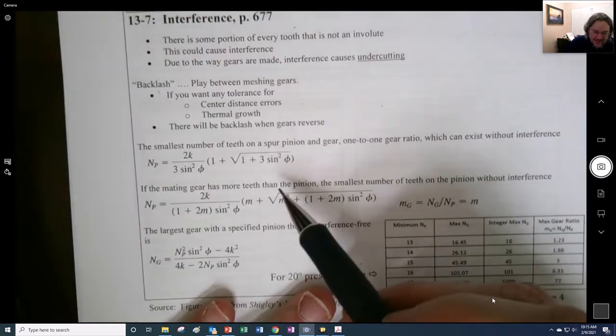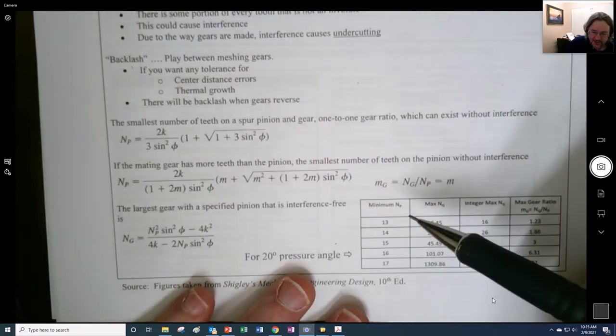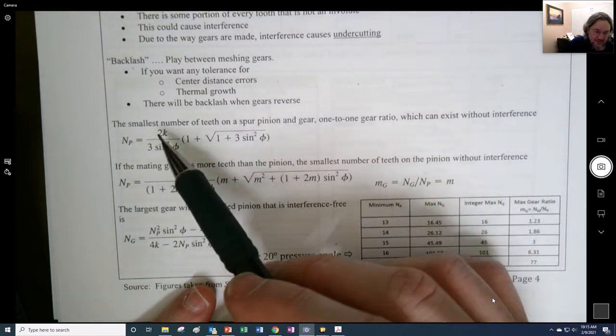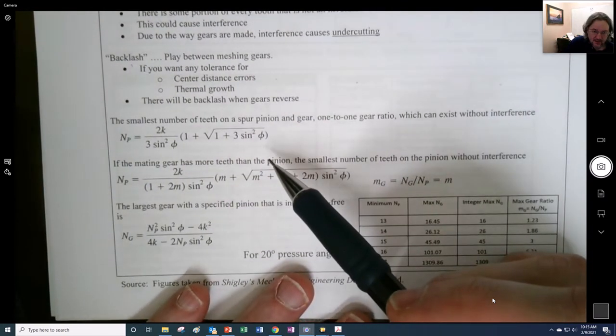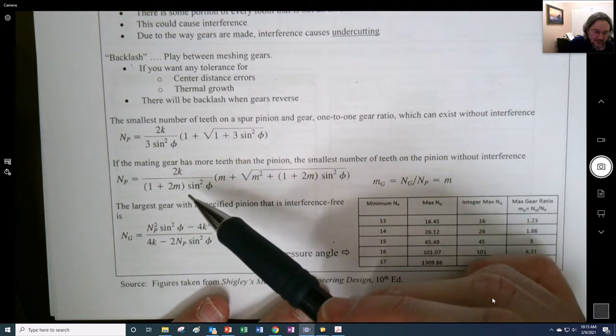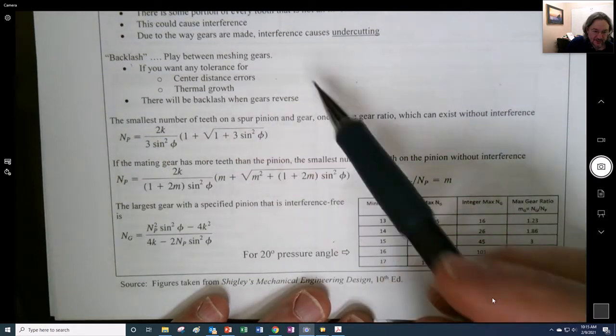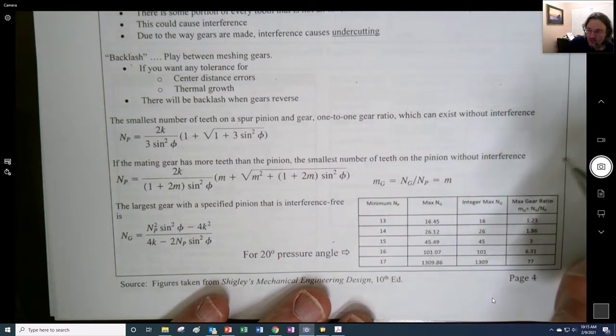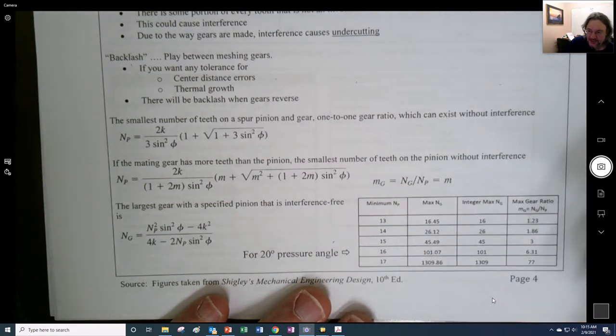There are a number of equations to calculate the minimum number of teeth. It's a little confusing because there are multiple equations for different cases. This first one is for when you have a 1-to-1 gear ratio and you're not changing speeds or torques.